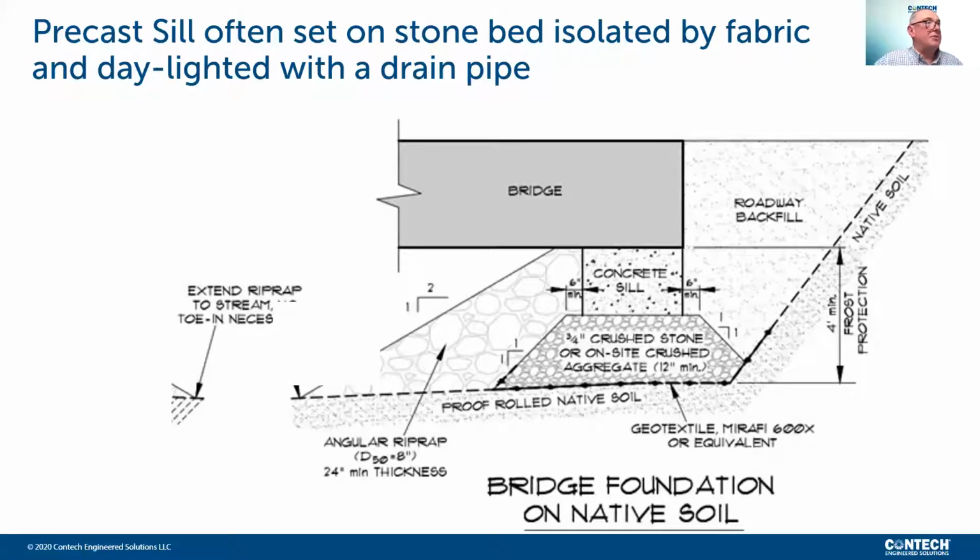And you'll see from this cross section an isolated stone bed underneath a precast sill. Always a good idea to provide a well-compacted, well-drained material under a sill so that we know that frost is mitigated and that the sill is set on good soils that can be easily leveled, truing up the foundation.